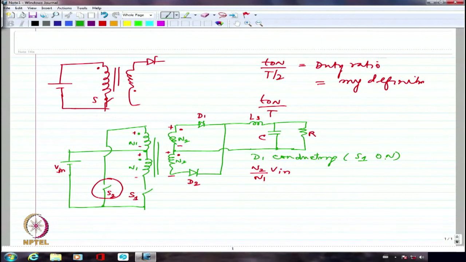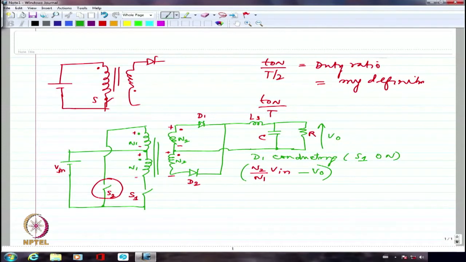This is going to be the voltage, and I have V0 here, and that V0 is fairly a constant because the capacitance value is fairly large. The ripple is minimum. So we can say this minus V0 multiplied by whatever is the time duration for which this was on.